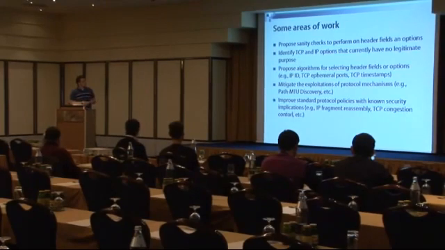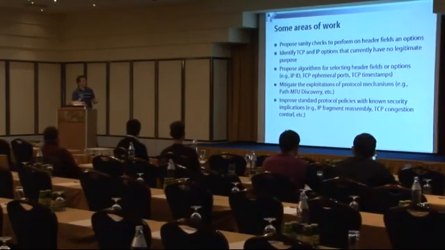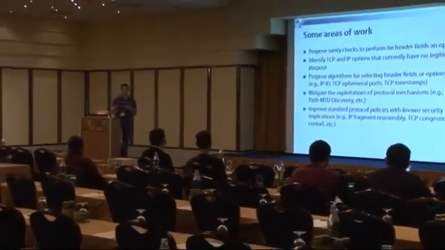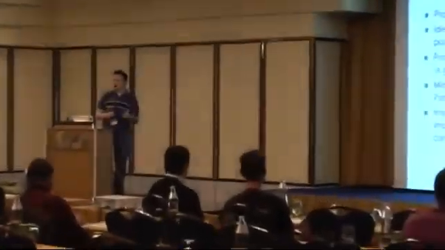Then we worked on some algorithms for selecting some protocol header fields or options. For example, algorithms to set the IP identification field, TCP ephemeral ports, TCP timestamps, and so on. Sometimes it's funny to talk about algorithms for setting these fields because in many cases people know that you shouldn't set these fields in such a way that it's easy to predict those values.